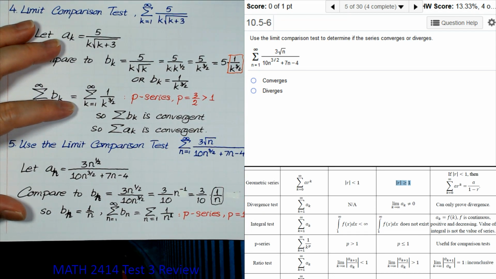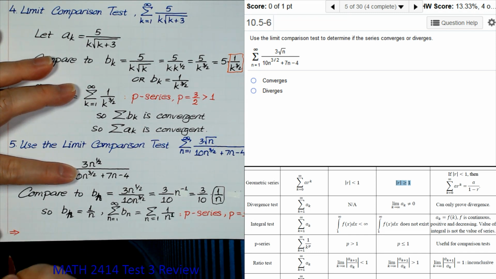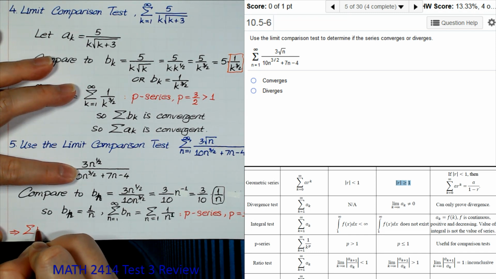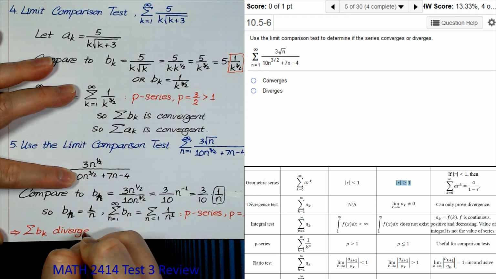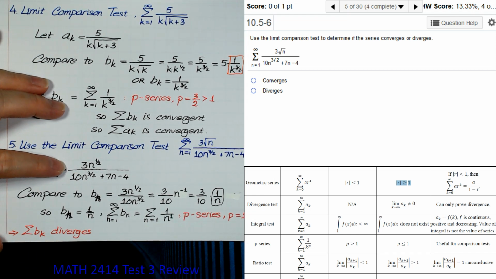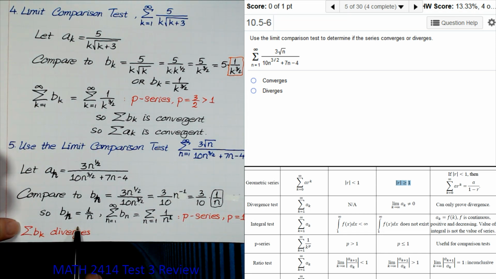So b of n is divergent, and if b of n is divergent, so is a.